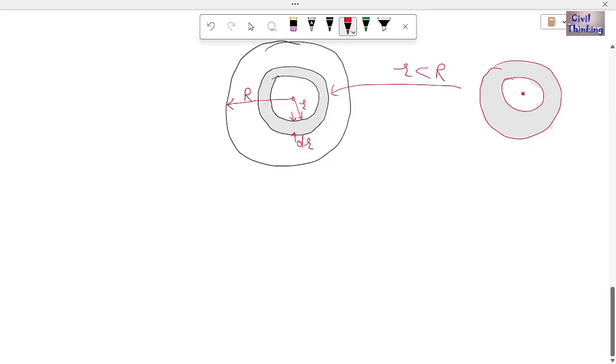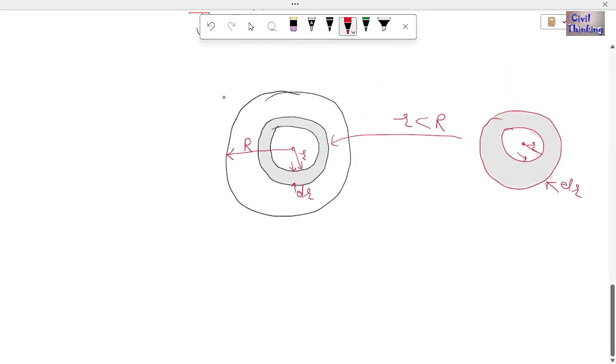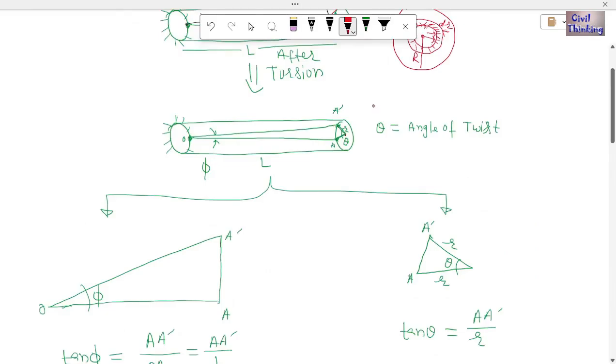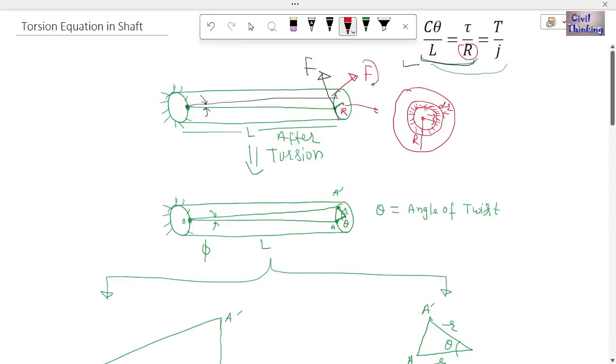The radius is small r and its thickness is dr. The total tangential force acting here is F, but the same force won't act below it, because the force keeps on decreasing as we go to the origin.